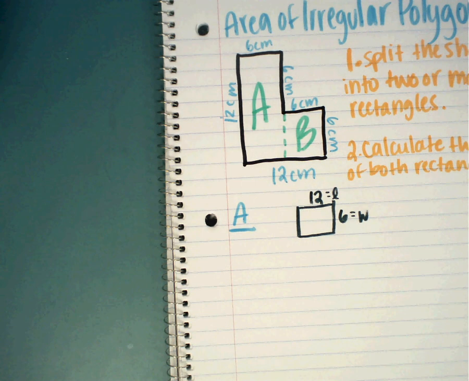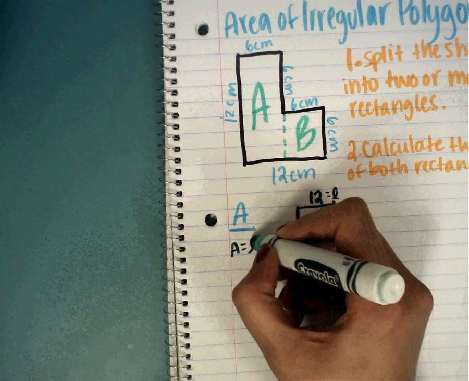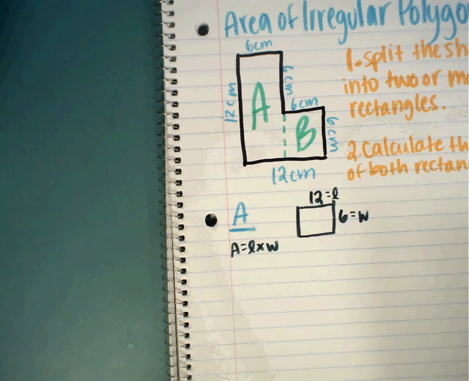So what's my formula for area of a rectangle? Well, it is A equals L times W, length times width, right? So now I just plug in my numbers. So A is going to equal 12 times 6.